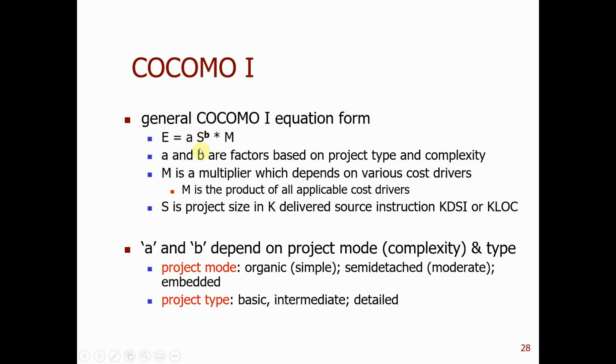S is the product size in KDSI, thousands of delivered source instructions, or K lines of code. So if the line count is 1000, S is 1, not 1000. A and B depend on the project mode and type.